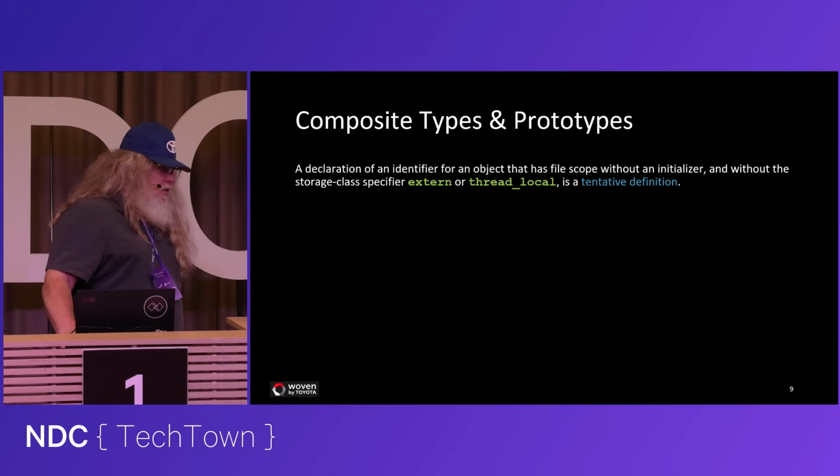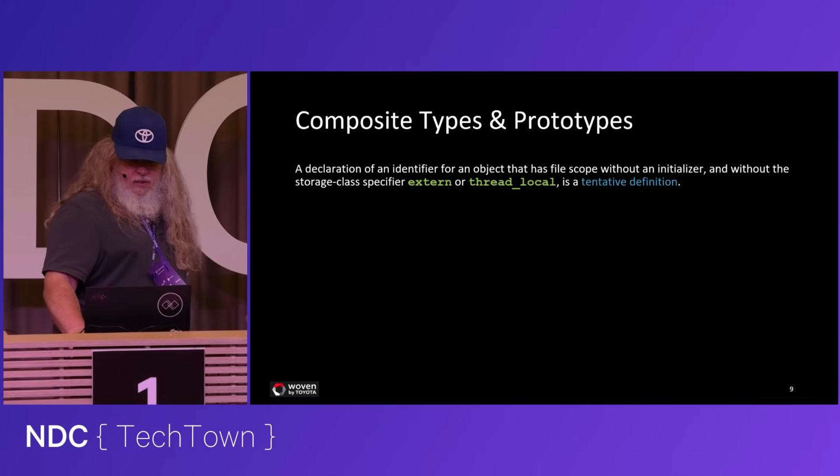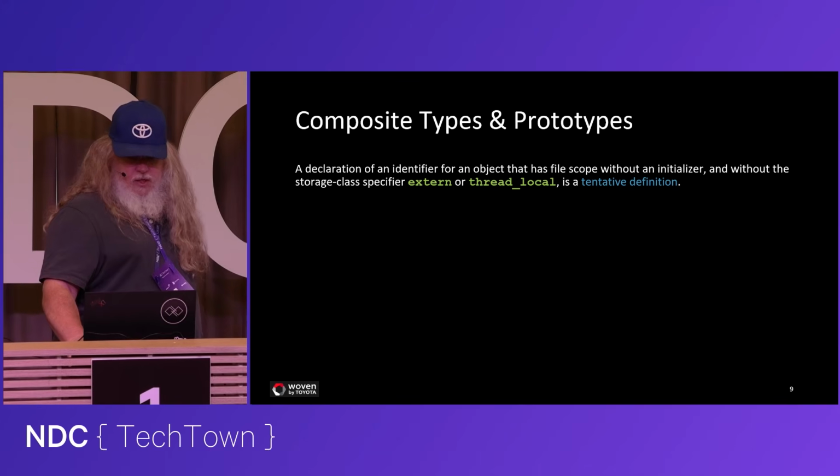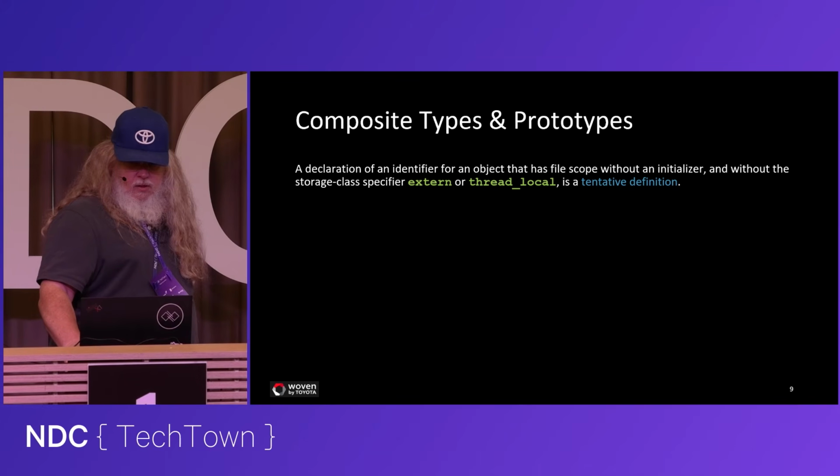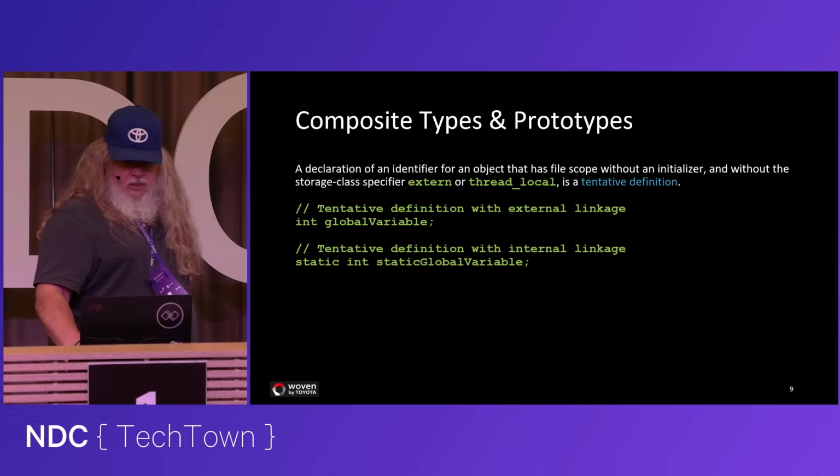The second place composite types play in the C language is in prototypes, and this is maybe more common. People like conditional operators, but not everyone uses them. A declaration of an identifier for an object that has file scope, without an initializer and without storage class extern or thread local, is referred to as a tentative definition.